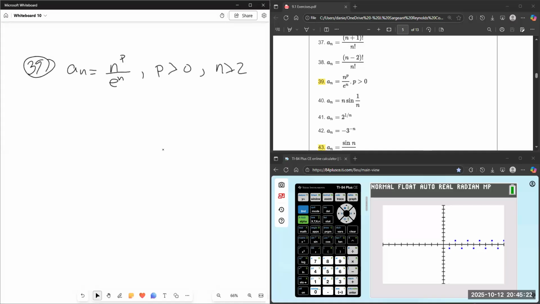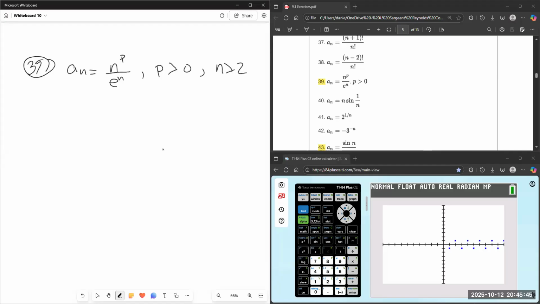I don't want 0 and I don't want 1 because 0's not very fun because 0 to any power is going to be 0. 1's not very fun because 1 to any power is 1. So we don't want those cases here.